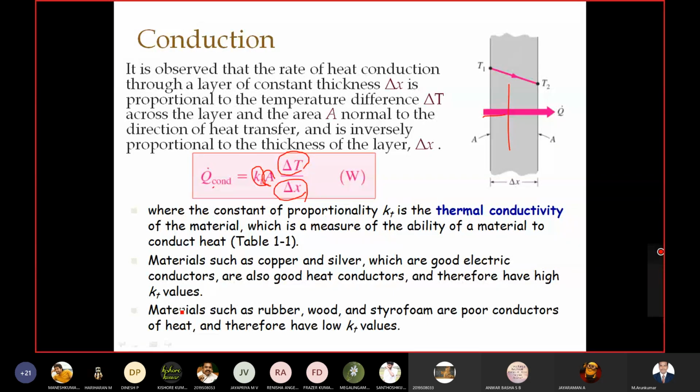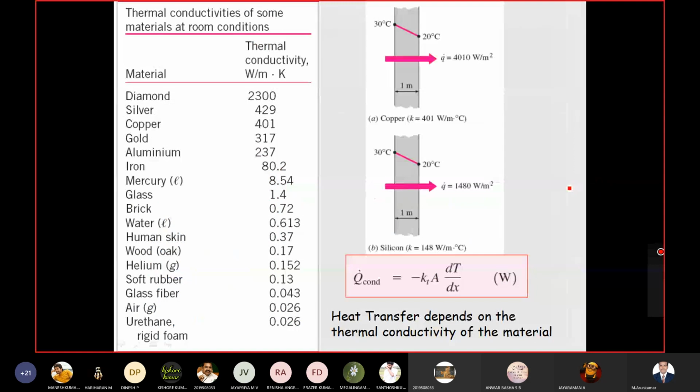So this shows the thermal conductivity of materials at room conditions. You may get the values of kT from this table. Diamond has a high kT value compared with all other materials.